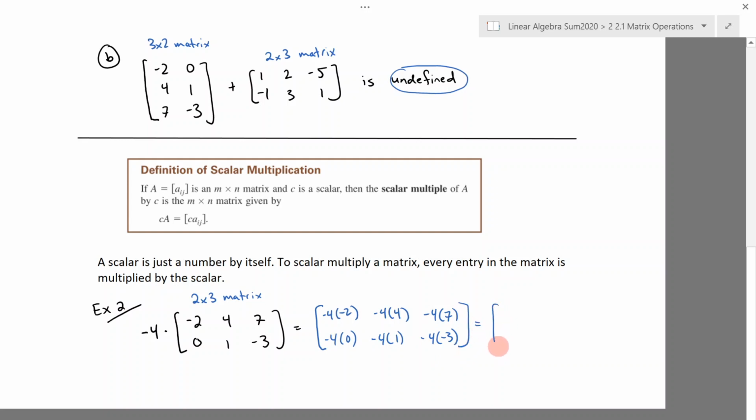And then we just calculate the entries. Okay, so this is 8, this is -16, this is -28, this is 0, this is -4, and this is 12. And again, we see that the resulting matrix is the same size. Okay, so this is scalar multiplication. So again, the scalar just multiplies every single entry in the matrix.